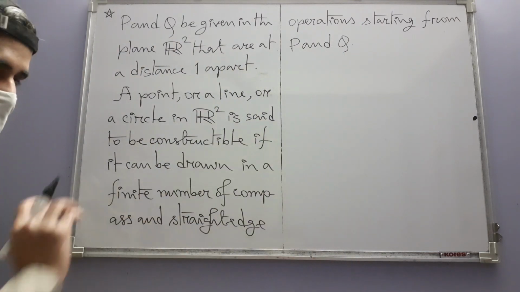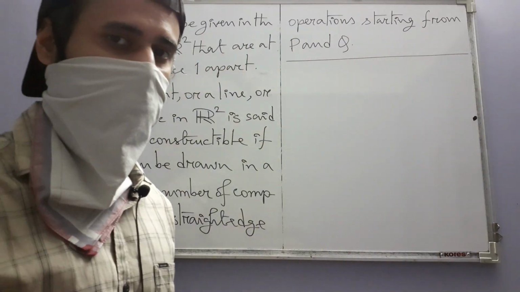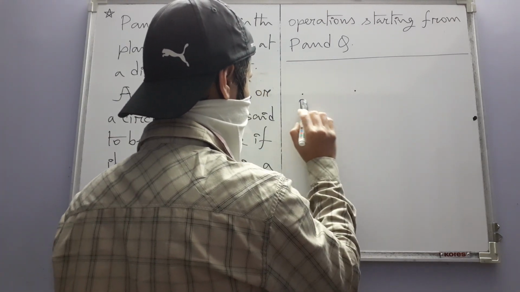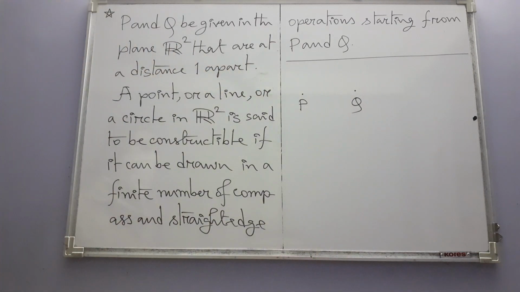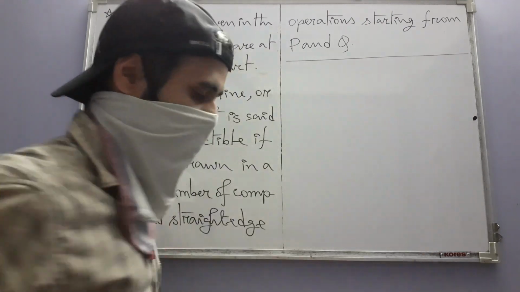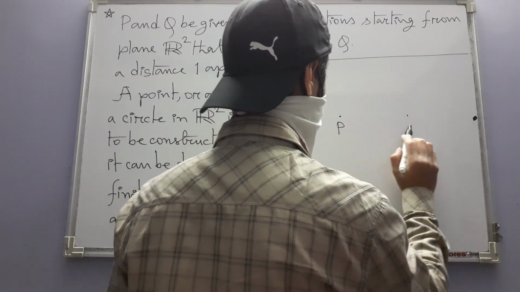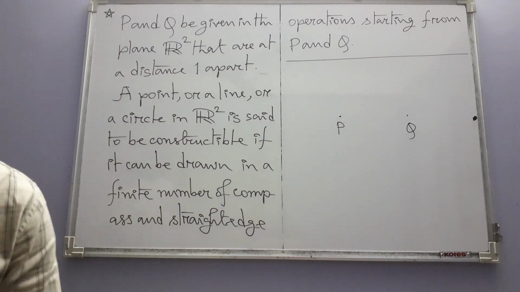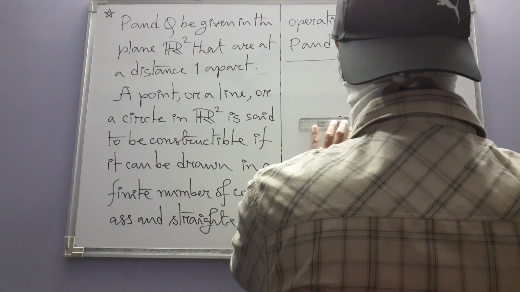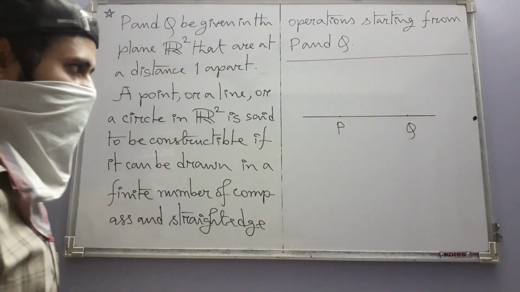So before we continue the definition, let us actually construct some objects. So this is my P and Q. I can apply operation A and draw the line that passes through them.